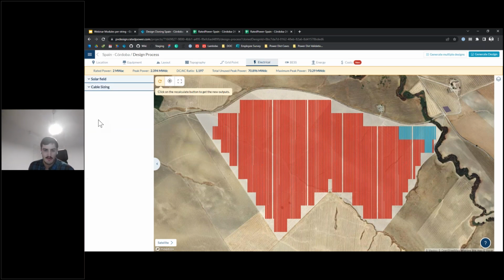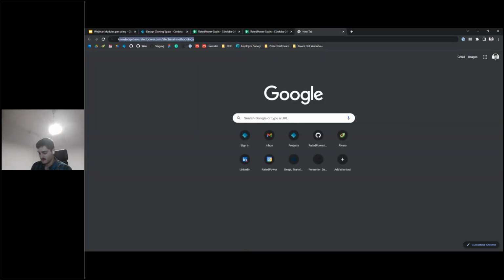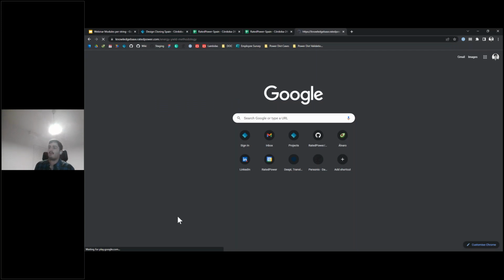And then regarding how the values of the typical meteorological year are calculated, if it's an average of 10 years back or else, I certainly do not know the correct answer, but I would suggest you go to the knowledge base that we have in RatedPower.